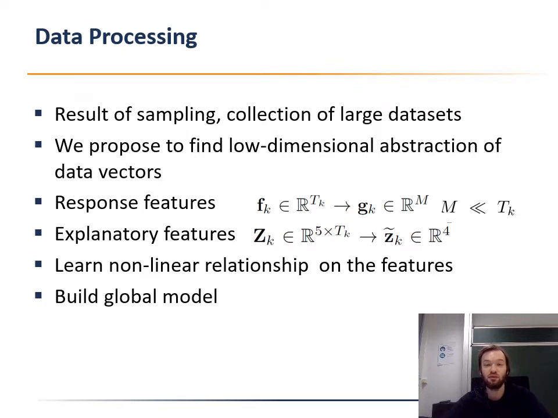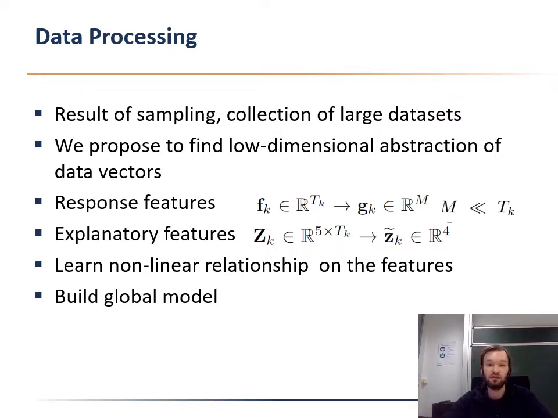And we try to model the relationship between the input and output, both on the feature level and later in the time domain. I will show you in detail how we do it in the time domain. The same for the features. We try to come up with an abstraction of the real vector, and here we can actually achieve a significant reduction in information. So what we want to learn further is a non-linear relationship between features. We don't look at the massive amount of data that we record, but we look at their features.